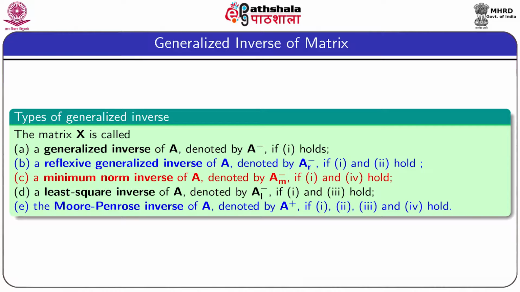The matrix X is called a minimum norm inverse of A, denoted by AM minus, if conditions 1 and 4 hold, and the matrix X is called a least square inverse of A, denoted by AL minus, if conditions 1 and 3 hold. If conditions 1, 2, 3 and 4 hold, then the matrix X is called the Moore Penrose inverse of A, and that one is denoted by A plus.